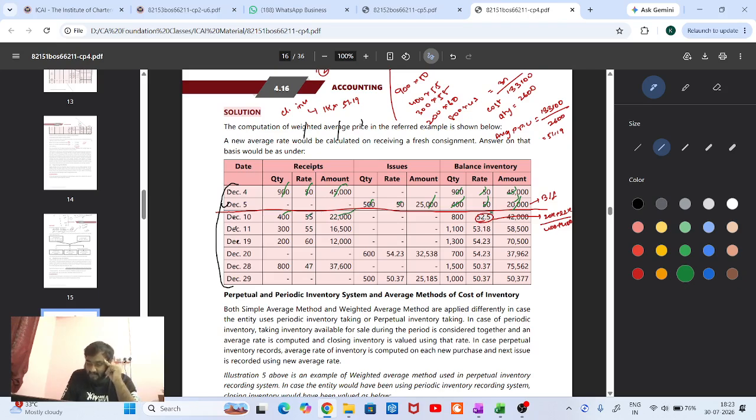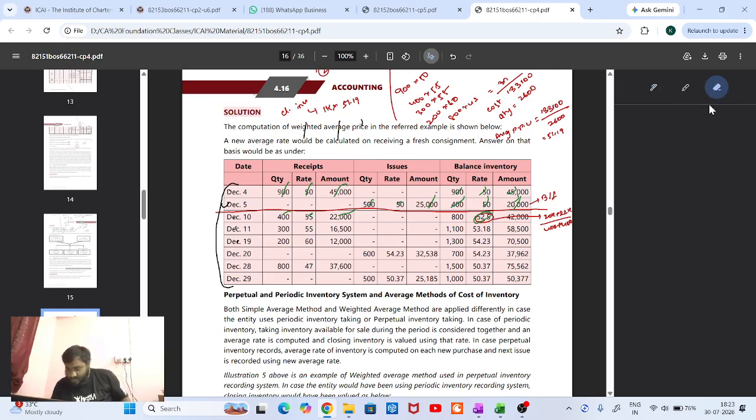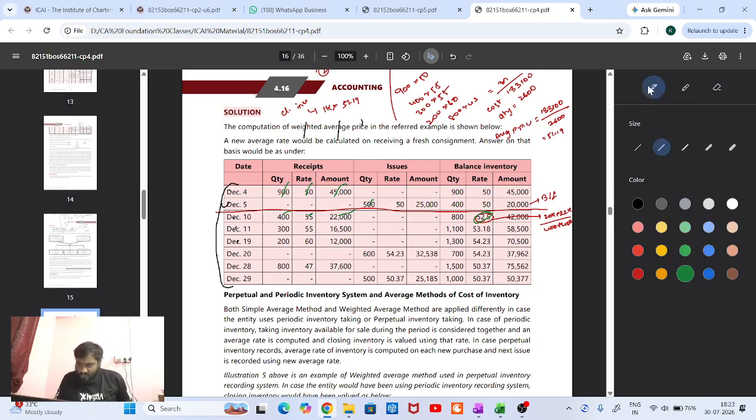Here, how does the average come? The average comes based on the 20,000 that is the balance with you, and you have purchased 22,000.